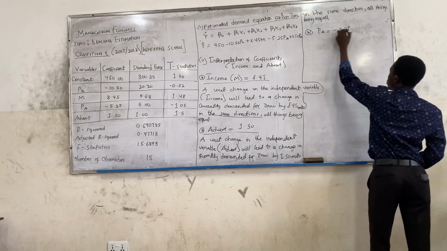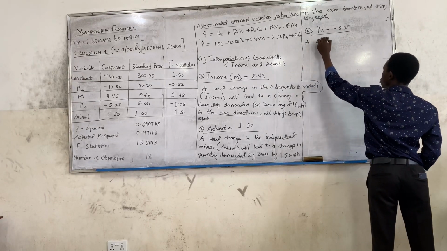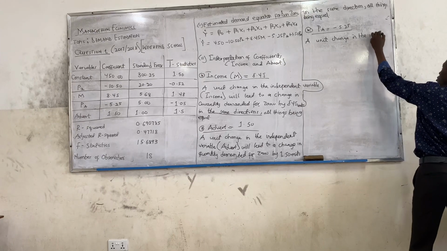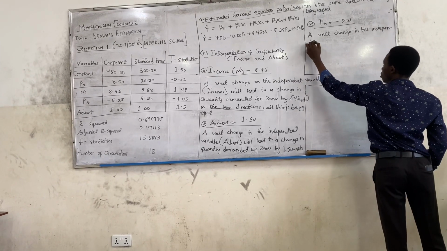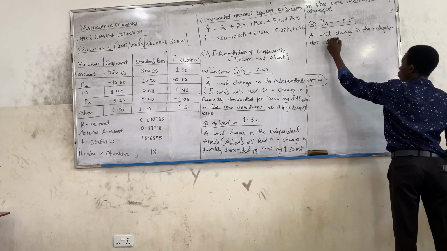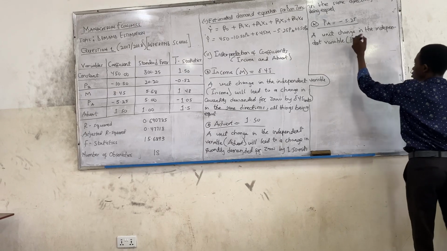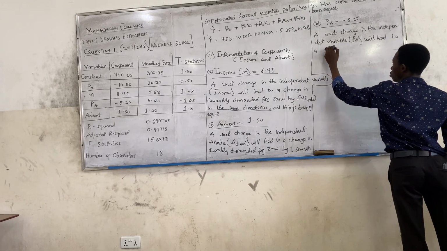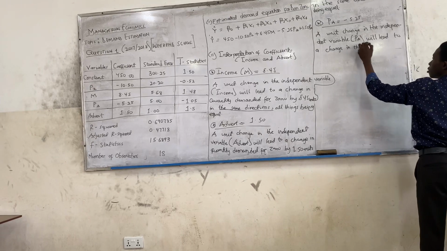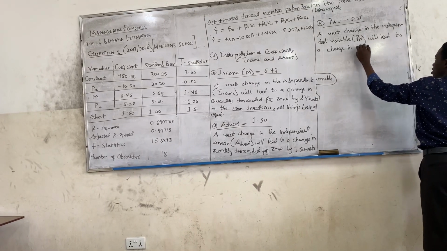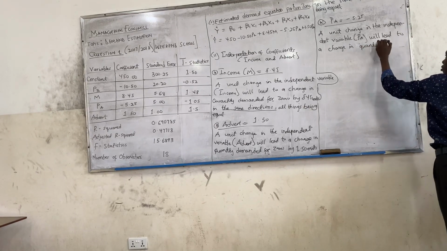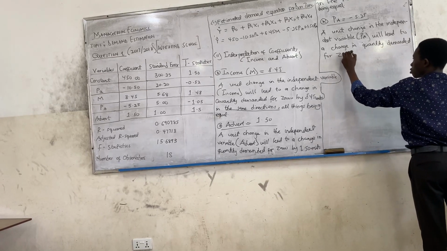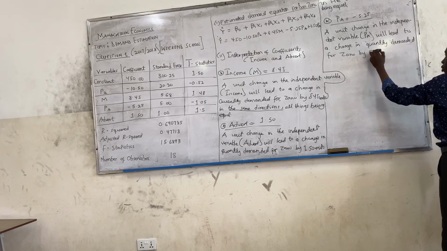Negative 5.25. So a unit change in the independent variable, which is the PA, will lead to a change in quantity demanded for Zanu by 5.25 units.